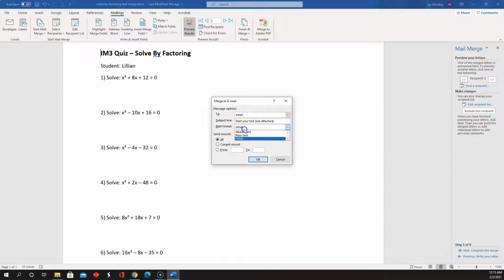And instead of HTML format, we're going to do this as an attachment. And then as soon as you click OK, remember you got to have Outlook open during this process. As soon as you hit OK, then all of the emails are generated via Outlook.